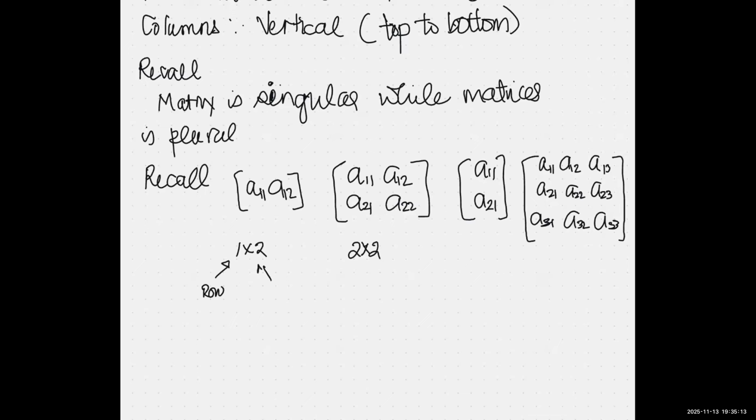The rows are horizontal and the columns are vertical. So we call the rows first, followed by the columns. That's why it is called a 1 by 2. It has one row, but two columns.